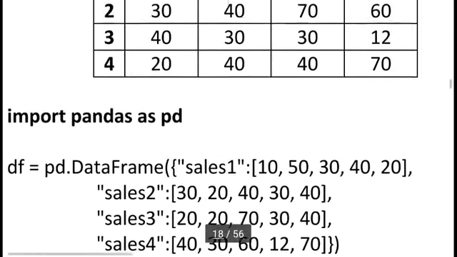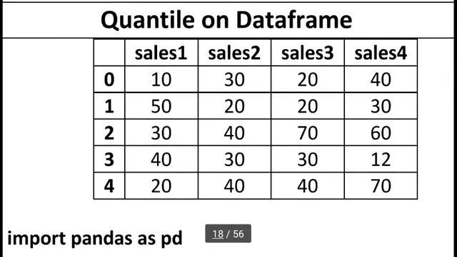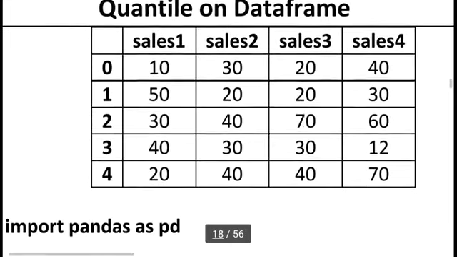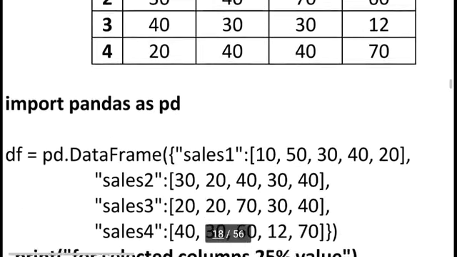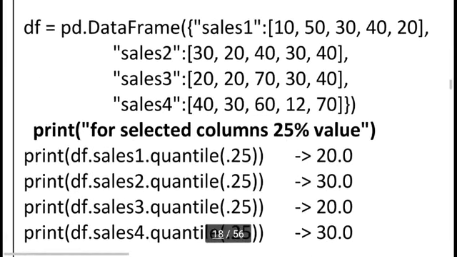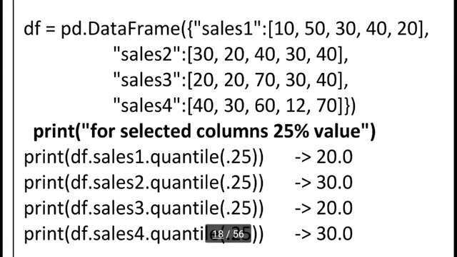In the sales 1 column we have 10, 50, 30, 40 and 20. So the 25% value: you can see df.sales1.quantile, and in brackets I have written .25. In the data frame sales 1 column I am using the quantile method, and the 25% output is 20.